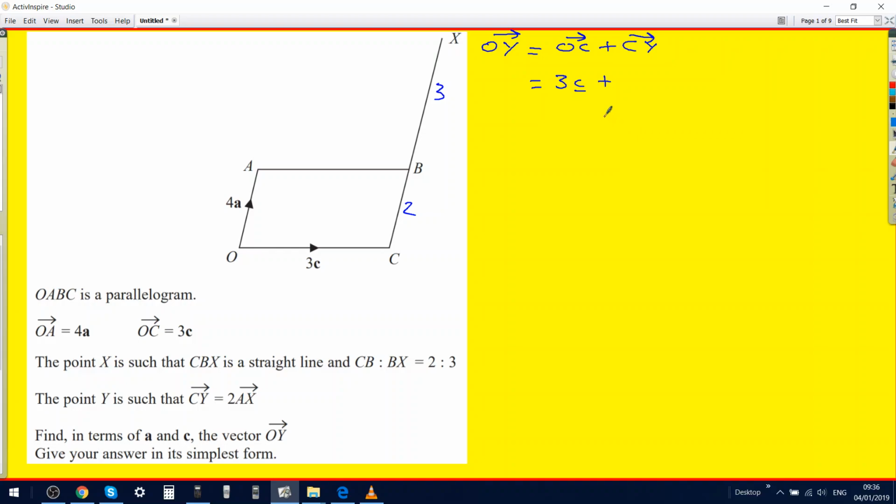What do you mean, sorry? Yeah, parallelogram. But even before then, so C to Y, what could you say about that?